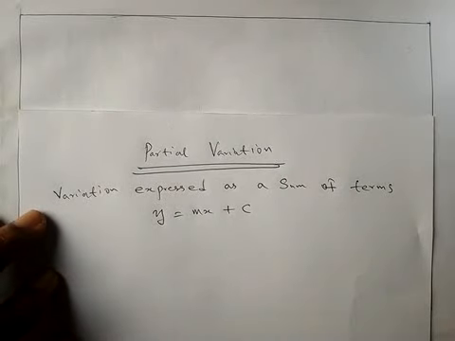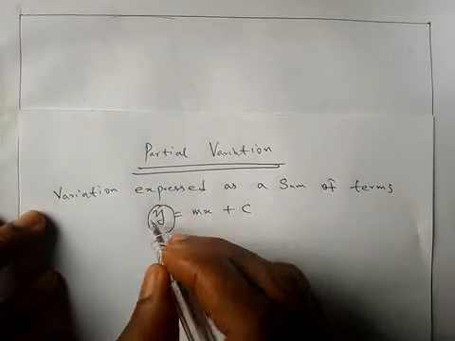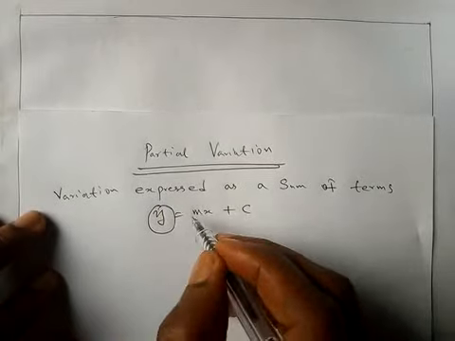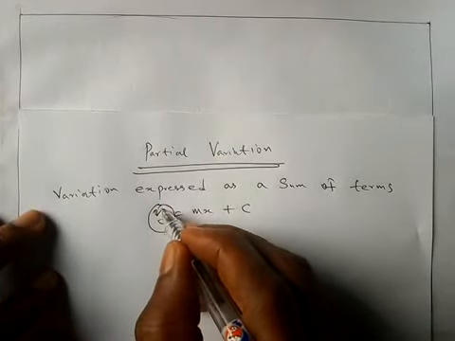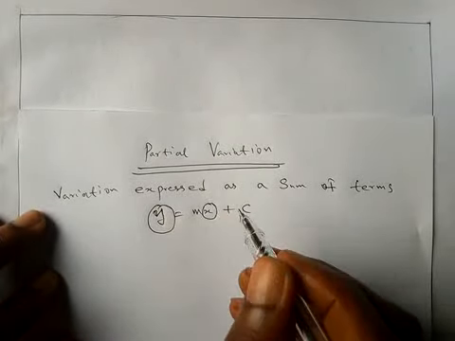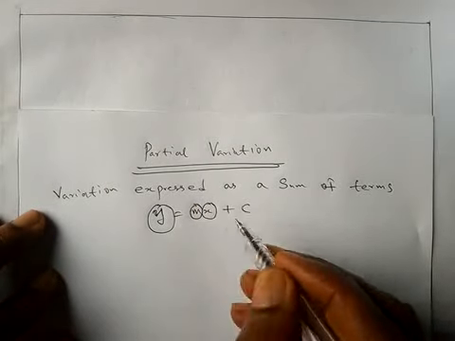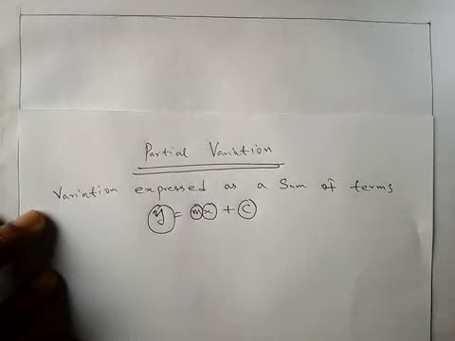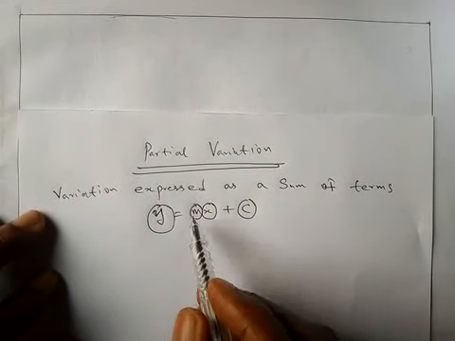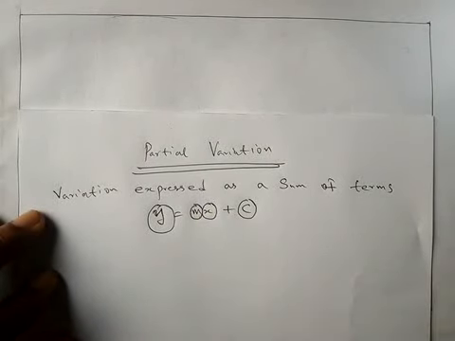Now y is equal to mx plus c. y and x are the variables. m and c are the constants. This is the equation of a straight line.